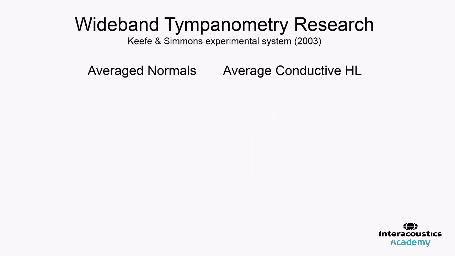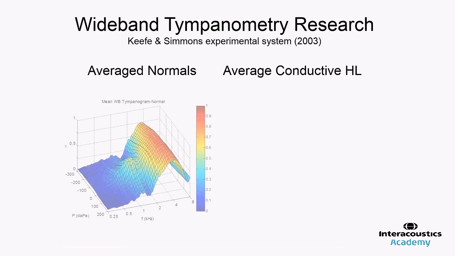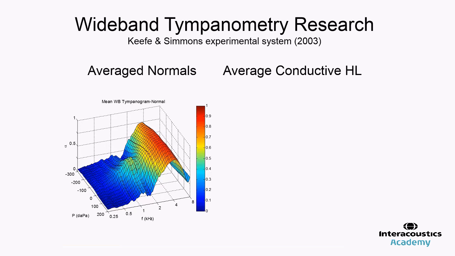What I'm going to explain now is some of the research background that goes into helping us to understand how to interpret the results that come out of the system. So this was a study that was done by Keefe and Simmons using an experimental system that preceded the Titan, but this is done using the same basic approach that's now programmed into the Titan system.